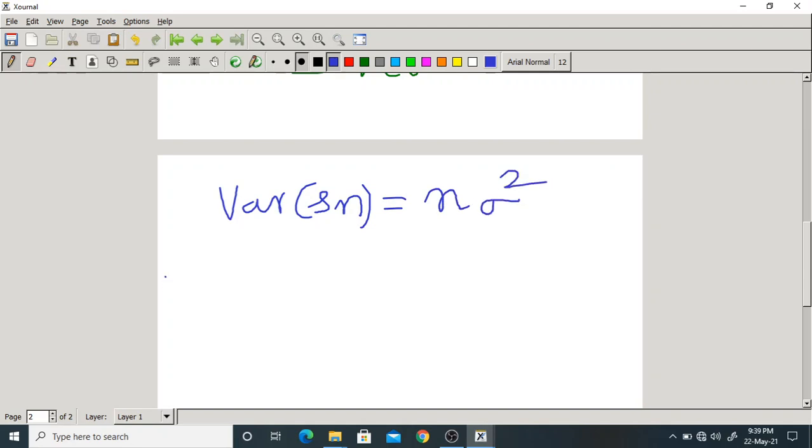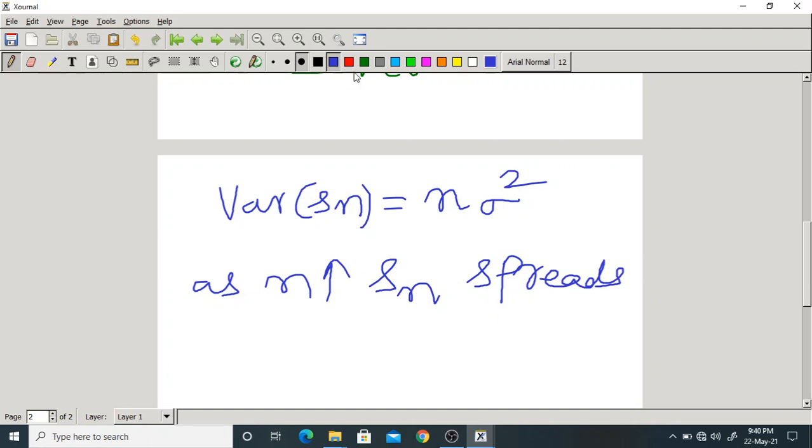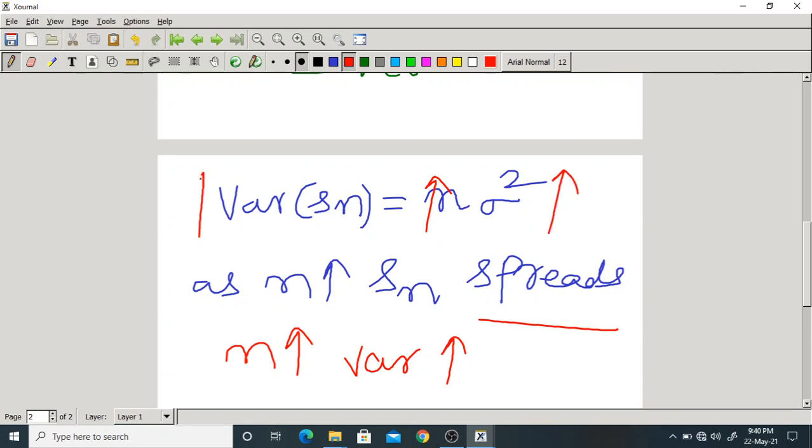So here, as n increases, Sn spreads. Why does it spread? Because as n increases, the variance increases. If n increases, the whole quantity increases, which means the variance increases. If the variance increases, obviously it is an indication of spreading.